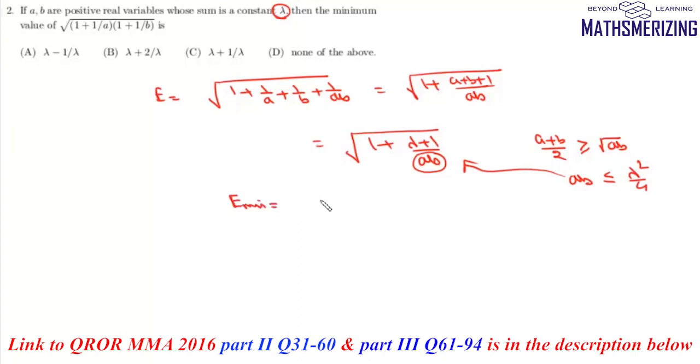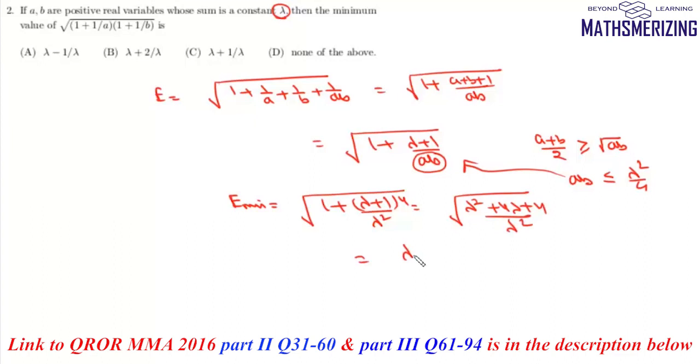So the minimum value will be the square root of 1 + (lambda + 1)/(lambda^2/4), which is the square root of (lambda^2 + 4 lambda + 4)/lambda^2, which is (lambda + 2)/lambda. So it will be 1 + 2/lambda, and there is no option like that. So that means the answer to this question is none of the above.